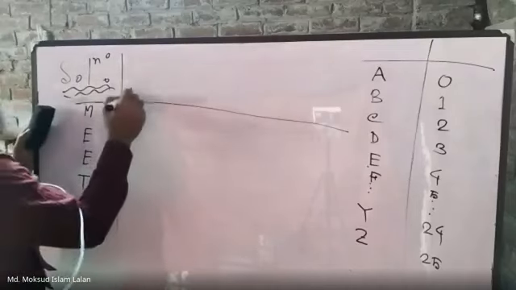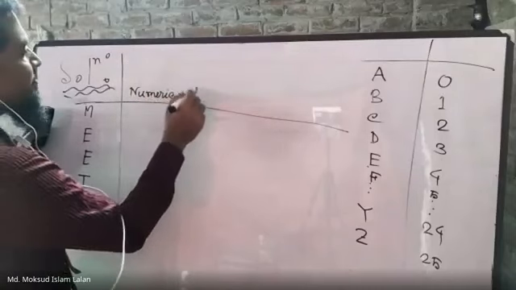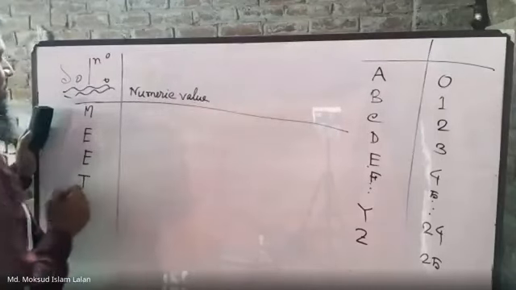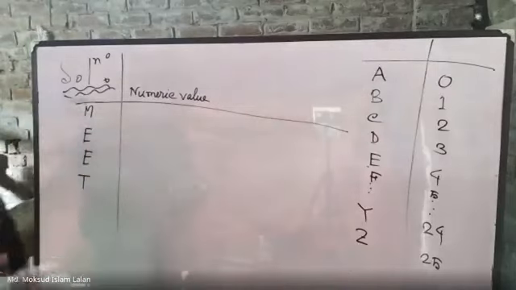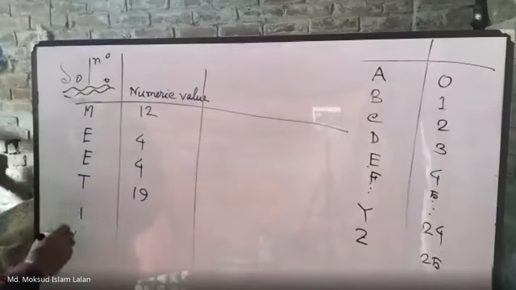So its numeric value, you are considering. What is the numeric value of M? 12. Very good. E is 4. T is 19. Very good. Similarly, you need to write everything. Meet you in the park.